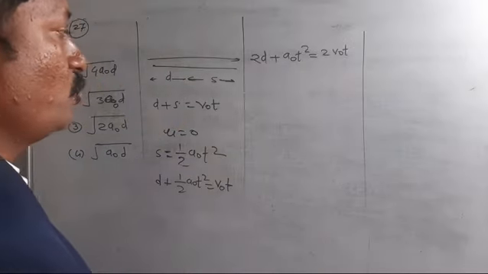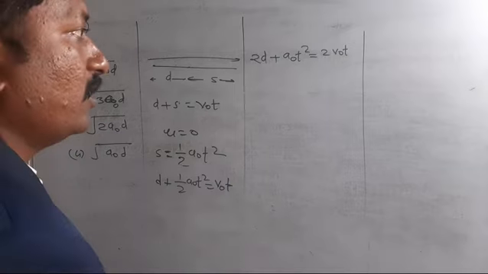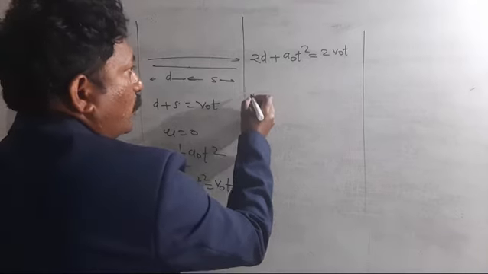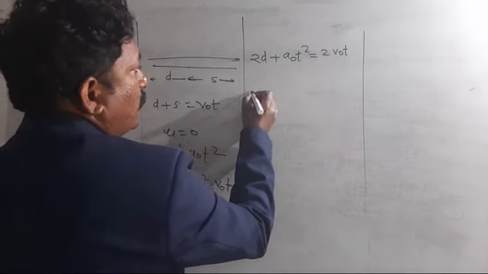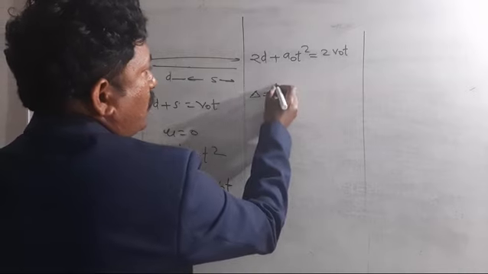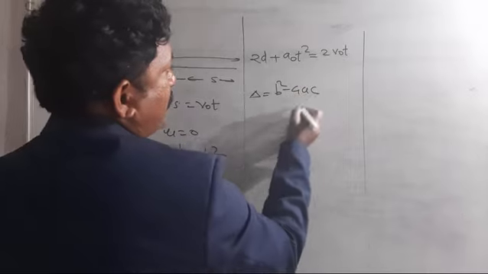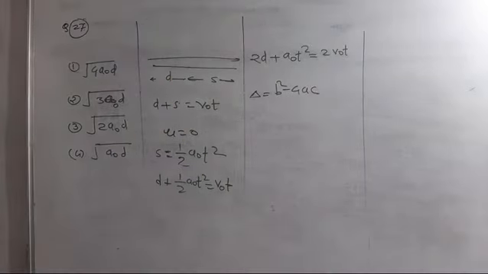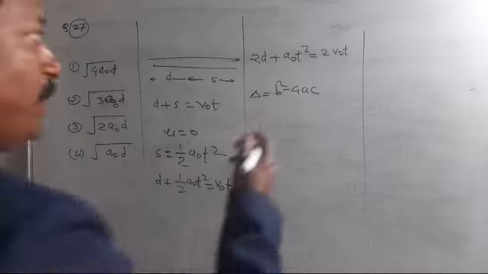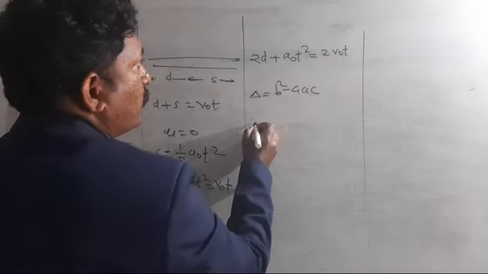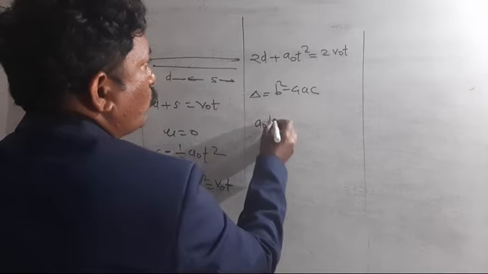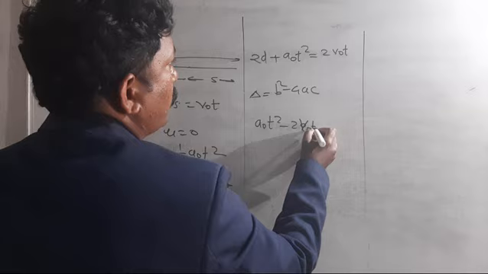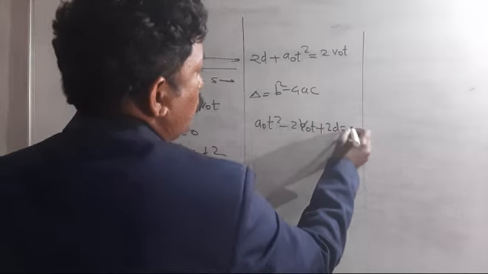In this expression, student, we find the discriminant delta, that is delta is equal to b square minus 4ac. As compared, that is a naught t square minus 2v naught t plus 2d is equal to 0.